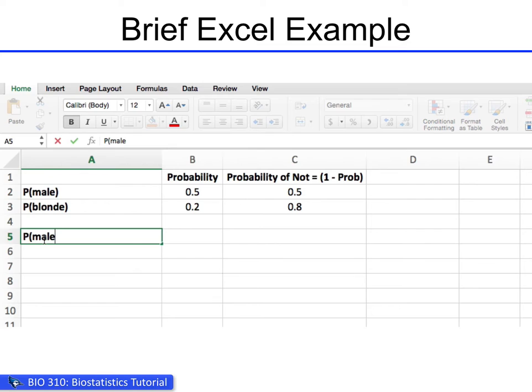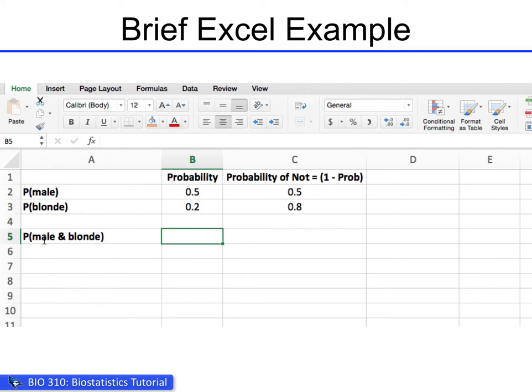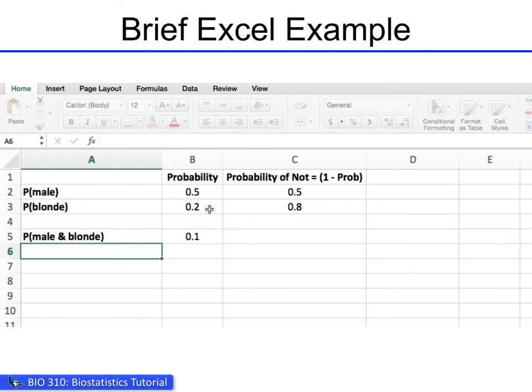And let's look at the probability of being male and being blonde. Well, this, as you may remember, should be just a case of the multiplication rule. So here, the probability of male and blonde is simply equal to the probability of being male multiplied by the probability of being blonde.